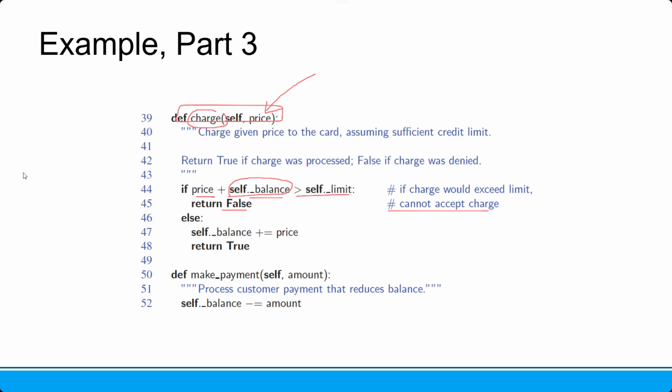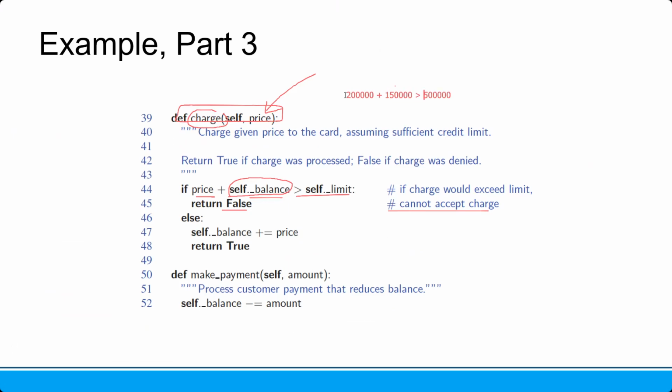So for example, if you have the limit, let's say a certain amount, and now you already spent some amount, and the current price of your product is, let's say, another amount.